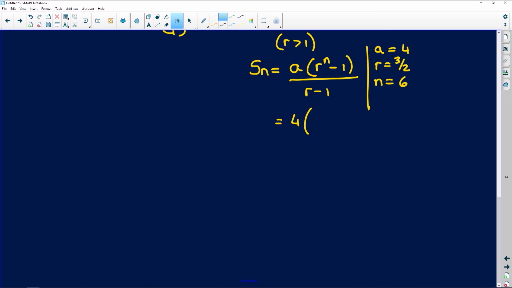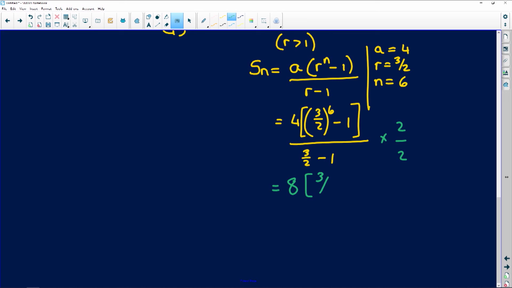We get 4 times 3/2 to the power of 6. I'm going to put a square bracket there. Minus 1 divided by 3/2 minus 1. Now remember, our first term is A. Okay, so I don't like this fraction. So I'm quickly just going to multiply the top with 2 and the bottom with 2. Why do I do that? Because this is a complex fraction. Okay, I can't touch what's inside the bracket. So 4 times 2 turns into 8 times that bracket, 3/2 to the power 6 minus 1.